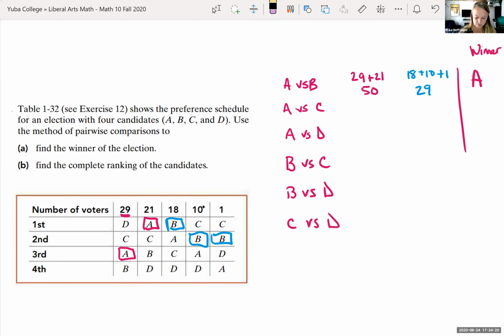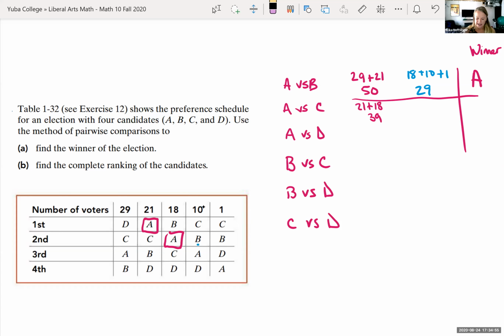Okay. So let's look at A versus C. Okay, so for A, they didn't win out of those 29 seeded. They won 21 here, A and C. They won 18 here. So 21 plus 18, which is 39.